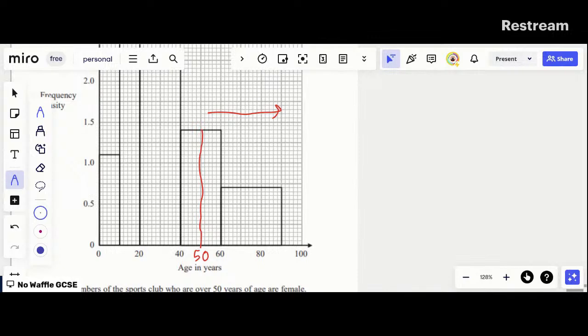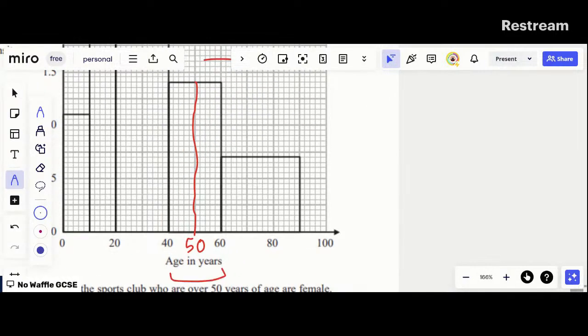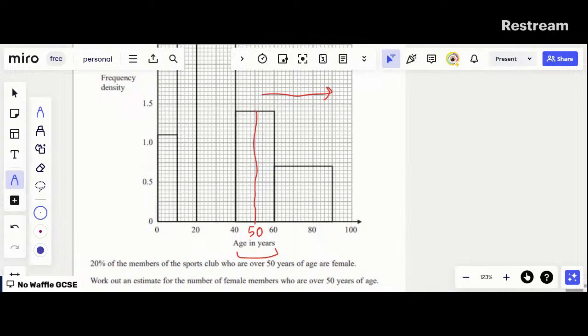So to find the frequency of just between 40 and 60, what you're going to do is 60 minus 40 and then multiply that by the frequency density, which is here, which is 1.4.